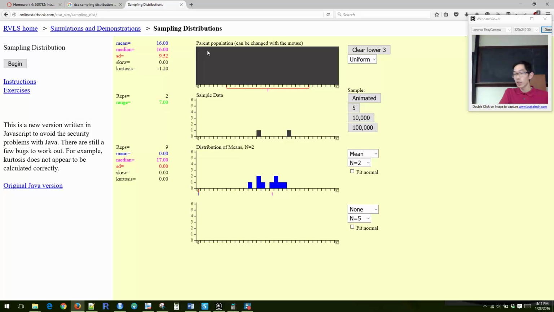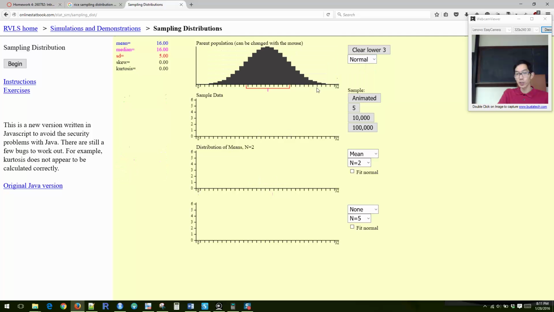All of the numbers have an equal chance of showing up, so it's flat. It's like rolling a die. Whereas when I had a normal, the numbers close to the middle are more likely to show up, and the numbers out here are unlikely to show up, right? That's what we're saying here.